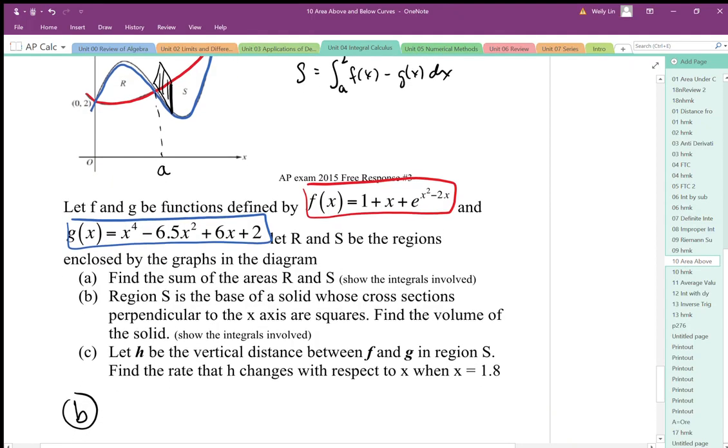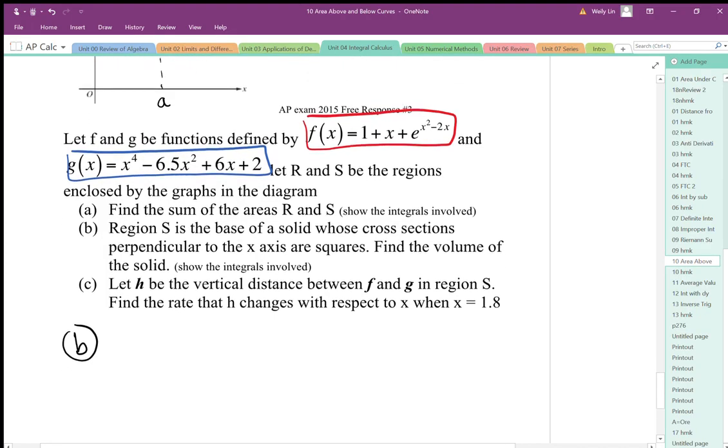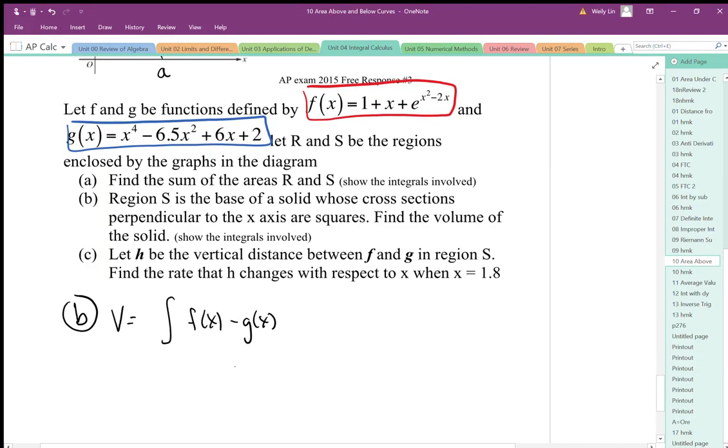So we first of all need to find the length. The length of that black line between f and g is going to be f minus g. So the volume that we're going to calculate starts with f of x minus g of x, which is the side length of the square.